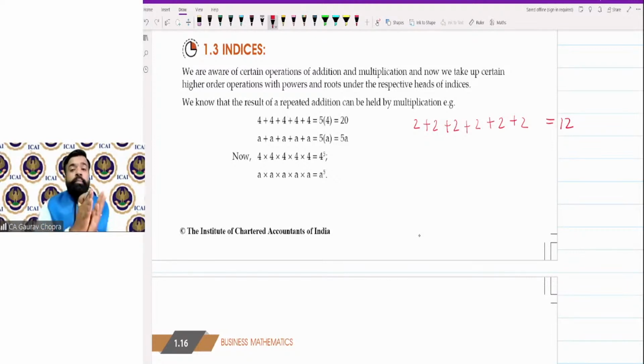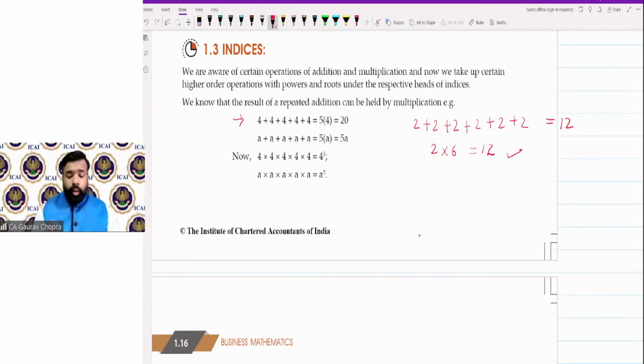But in short, it can be solved by another way. जब एक ही नंबर हम बार बार ऐड कर रहे हैं, when we are adding the same number repeatedly, then it can be solved as 2 multiplied by the number of repetitions. कितनी बार हमने repeat किया है? 6 times. So 2 multiplied by 6 becomes 12. Similarly, if we see this example, 4 plus 4 plus 4, we are adding 4 5 times.